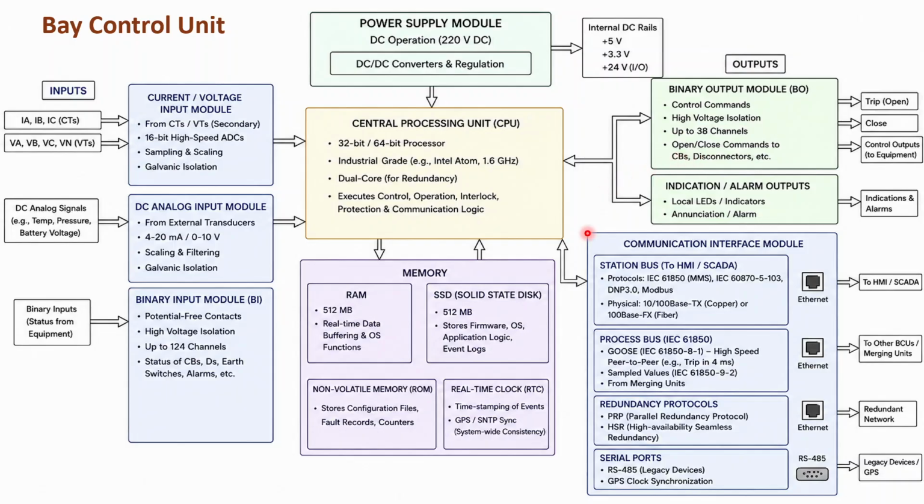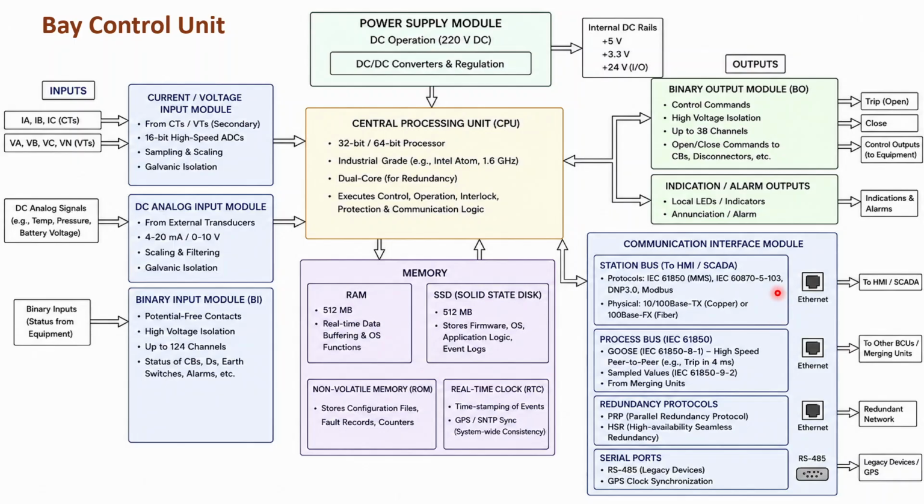Okay, and one of the important things to integrate all these things and facilitate the communication between the bay level control units and the main control unit and beyond is the communication interface, right?